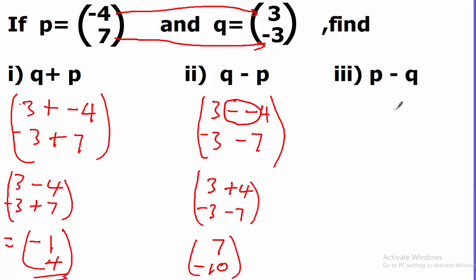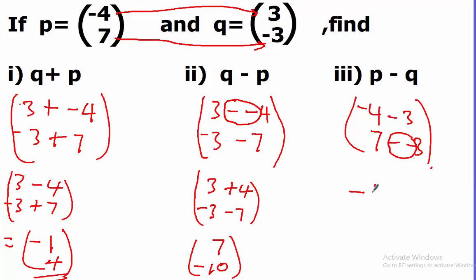Then the last question, p minus q. So the values of p are negative 4, 7, minus q, which is minus 3, and then minus negative 3, because this 3 is already negative. And so the negative is going to give us positive.